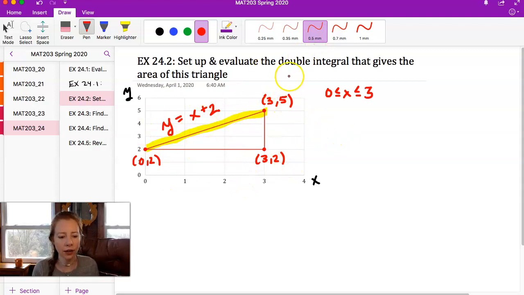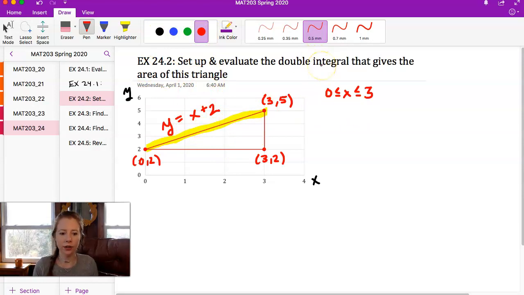And then let's go through and say that for y, our limits are going to be from 2 all the way up to x plus 2. Okay, because we care about everything inside this triangle.